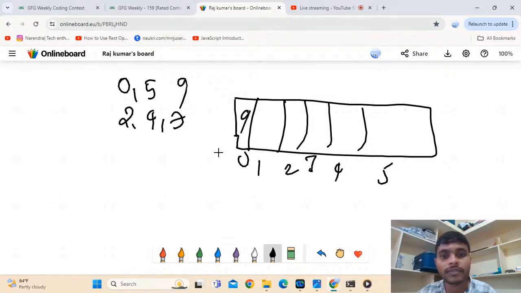I am not placing 9 at every position. Instead of that, I am placing 9 at the starting index, and at the ending index plus 1, I am decreasing that. I am placing -9.